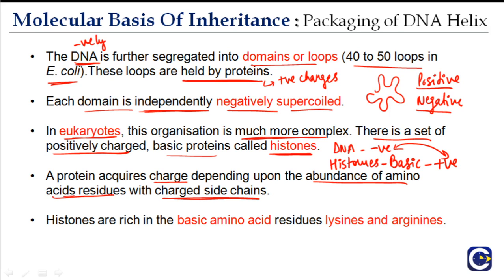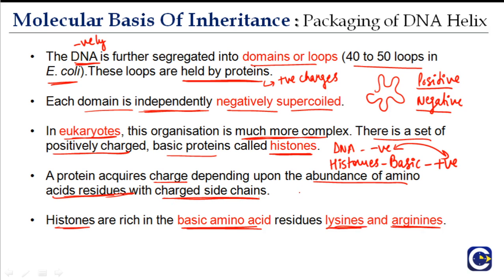Because of the presence of certain amino acid residues. And which are these? They are lysine and arginine, and they are basic amino acids. So a protein acquires charge depending upon the abundance of amino acids with charged side chains, and histones are basic proteins that contain lysine and arginine.